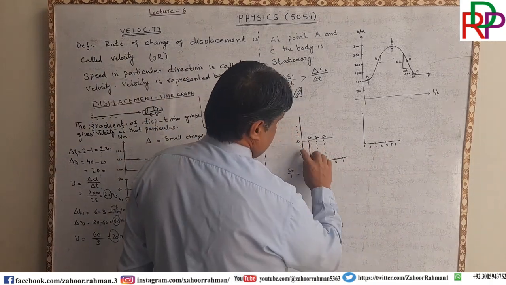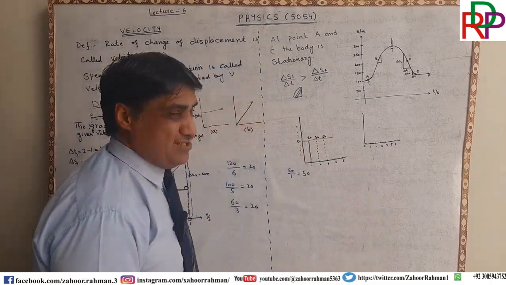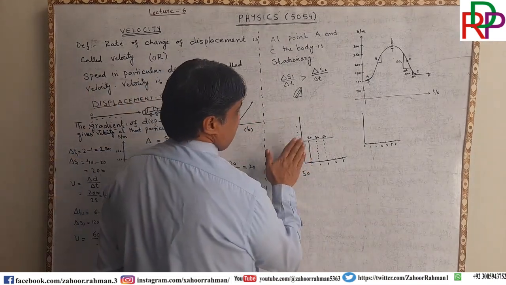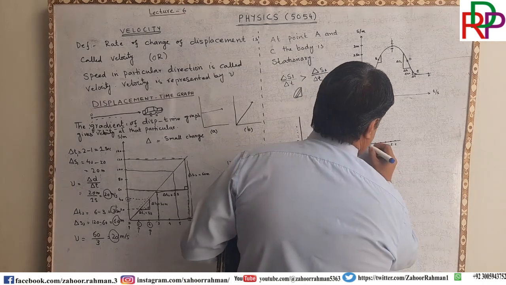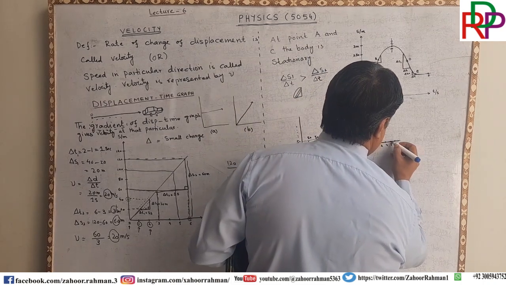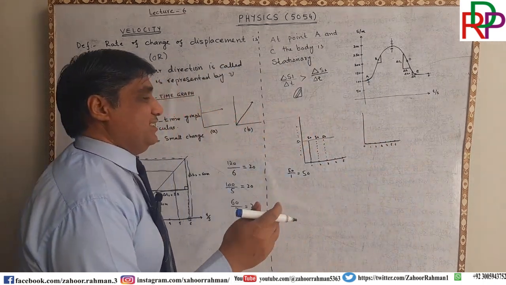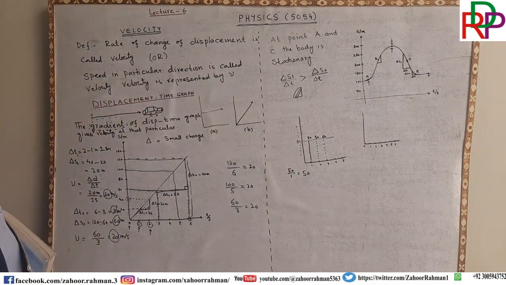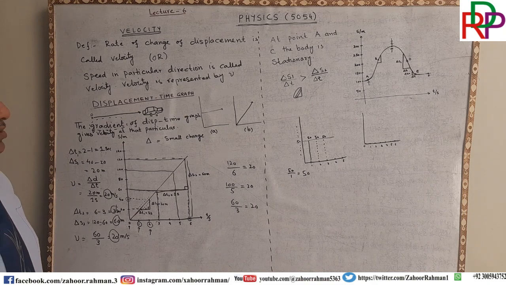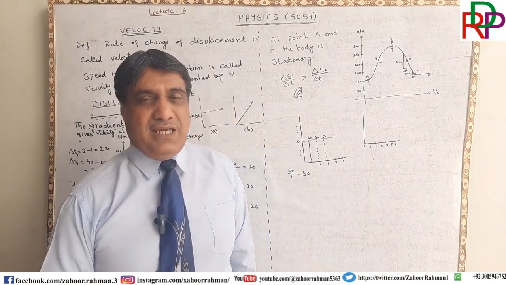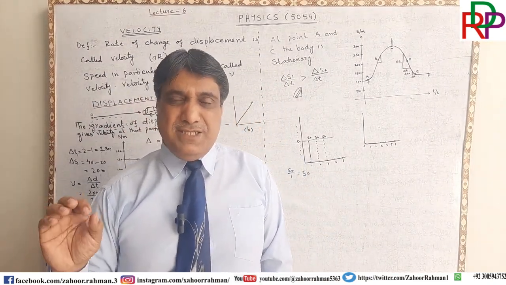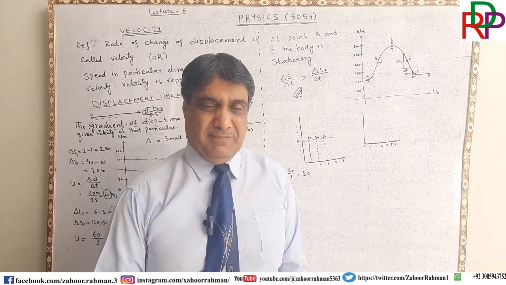When there is a displacement, it is constant. In this case it is constant, in this case it is stationary, because the displacement is not changing, no displacement is there, so it is zero. So you saw that from the graph we are getting very important pieces of information.